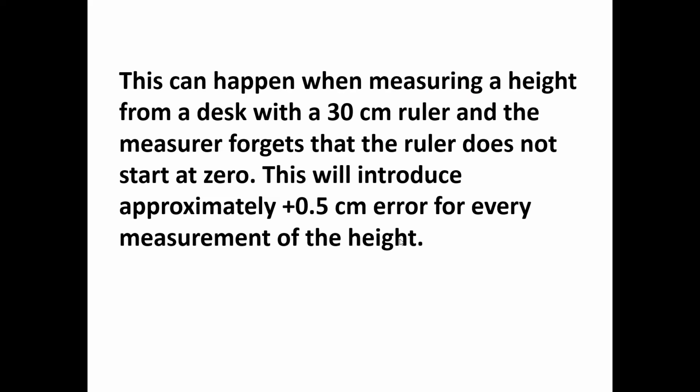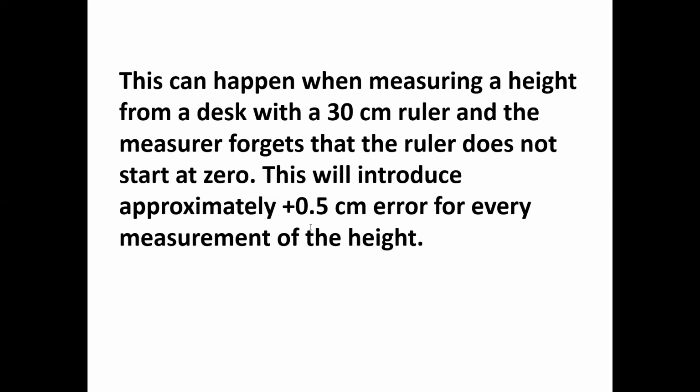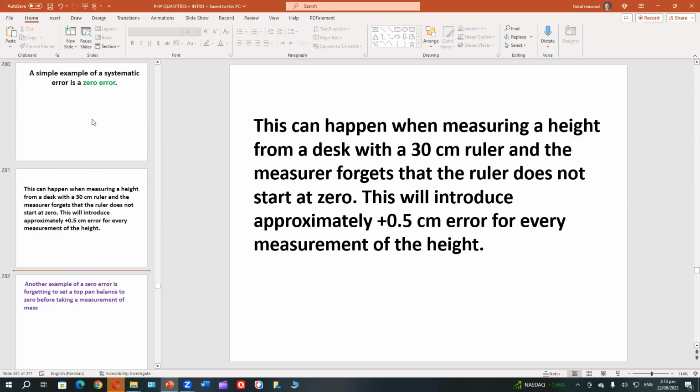Now, this can happen when measuring the height from a desk with a 30-centimeter ruler, and the measurer forgets that the ruler does not start at zero. Normally, when you look at a ruler, especially the wooden big ruler and the plastic rulers, they do not start from zero at their edge.